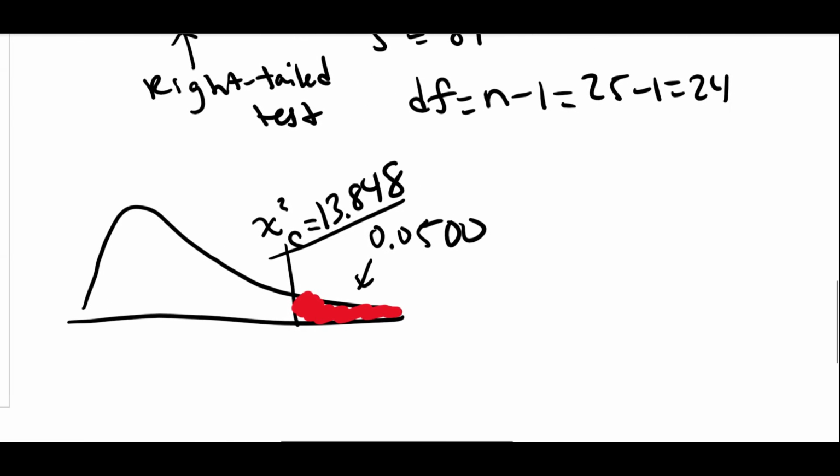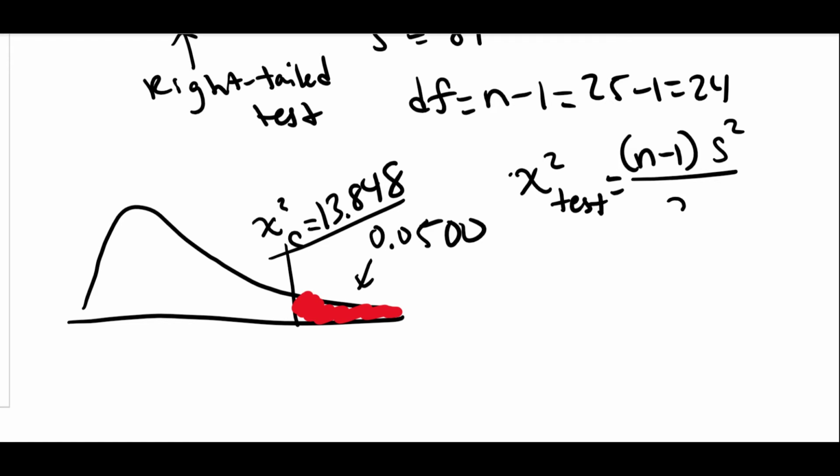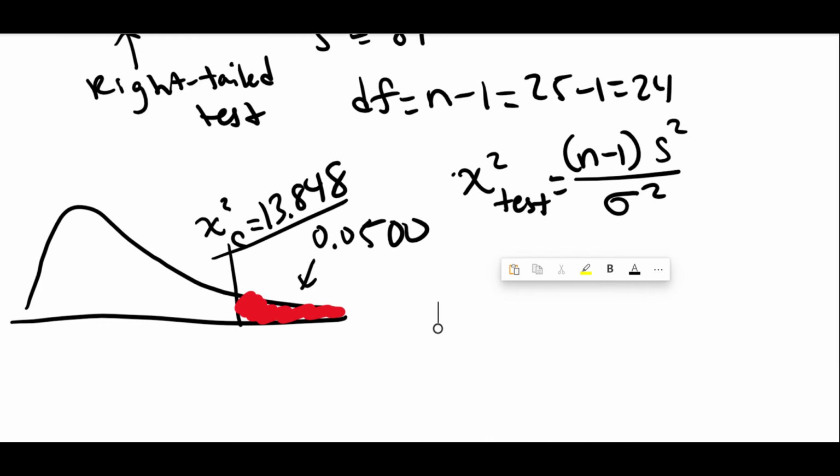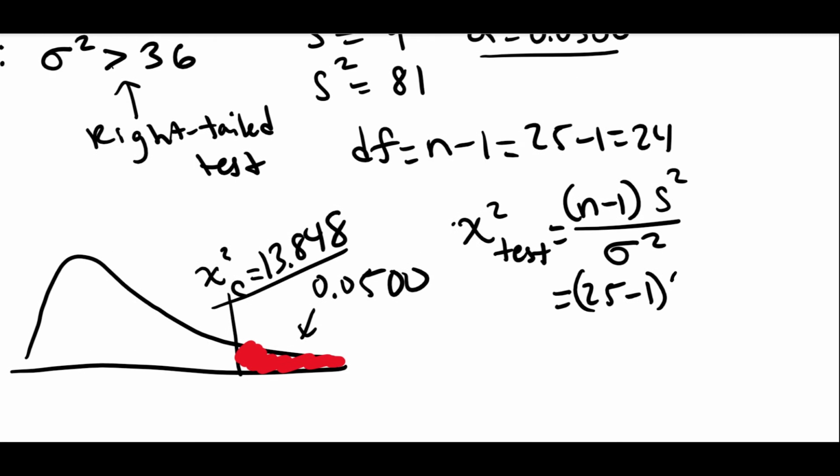Next, we've got to calculate our test statistic, or our chi-square test. Remember that the formula for the chi-square test is n minus 1 times s squared divided by sigma squared. So let's calculate that. n is 25, so we have 25 minus 1. And s squared, we said, was 81.